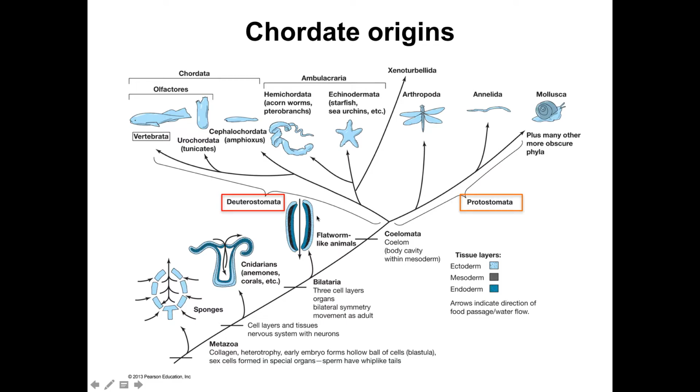But deuterostomes are different because at the gastrula stage of embryonic development, there's a cellular ball and a little indentation in that cellular ball, that first opening, called the blastopore, becomes the anus, and the second opening becomes the mouth. In contrast, in the protostomes, that first opening becomes the mouth. Okay? So echinoderms and chordates and 2 other phyla are deuterostomes. In the deuterostomes, the first opening, the blastopore, becomes the anus, and the second opening becomes the mouth.